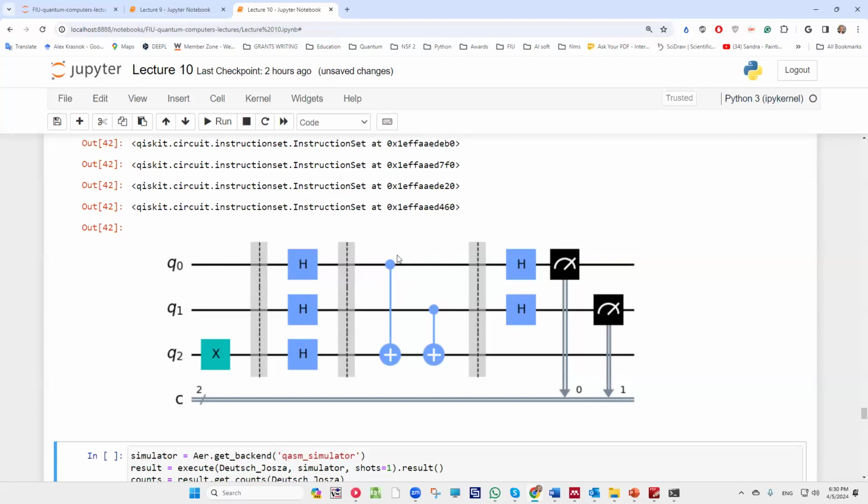Again, we have something in the black box, we don't know what is there, but we know that it is the oracle. This is the logic function, but we don't know whether the function is constant or balanced. So something is there. And then in the output, again, we put this layer of Hadamards and measure the first and second qubits in the plus minus basis.